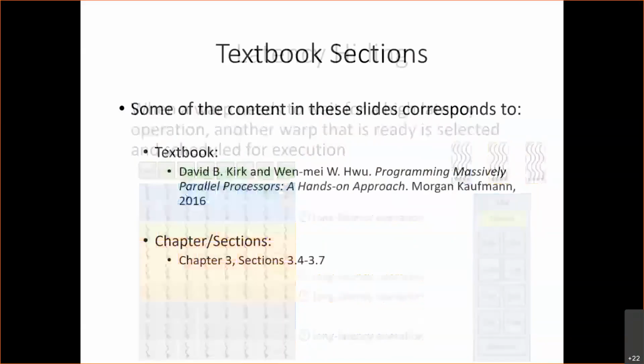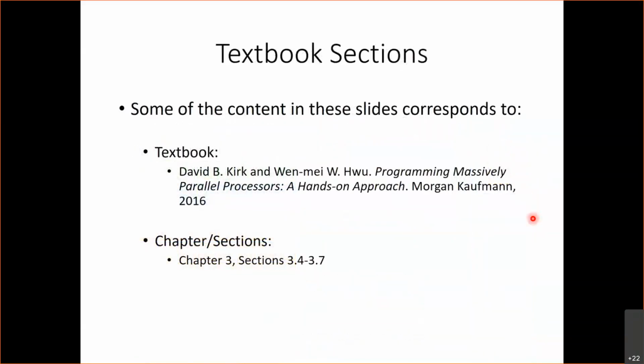Any other questions? You mentioned on the same slide that a long latency operation might be an arithmetic operation. But how would removing it from the cores help it finish executing? So you remember these are pipelined, right? My ALU could be pipelined.